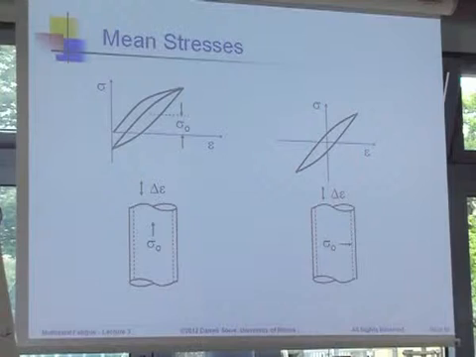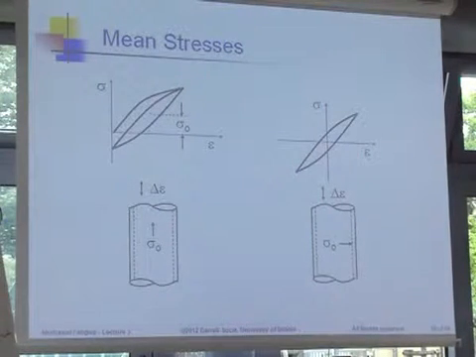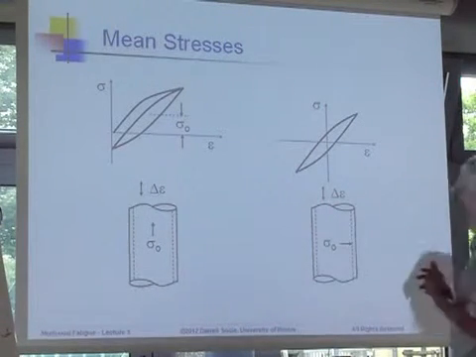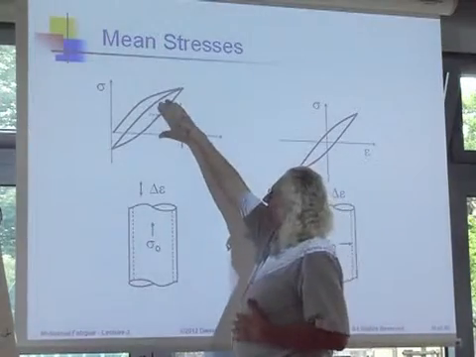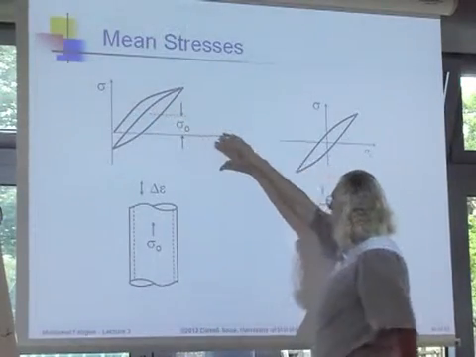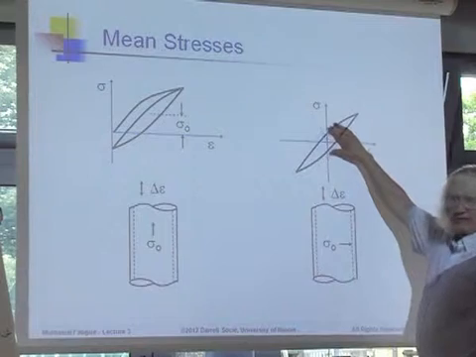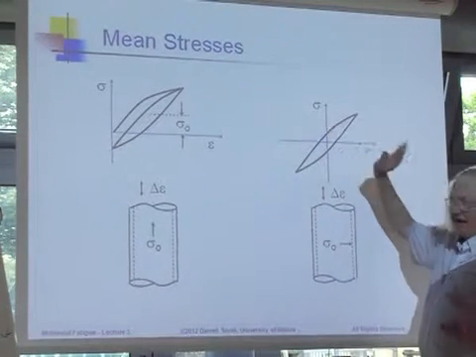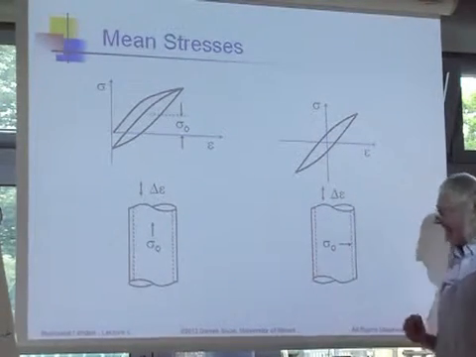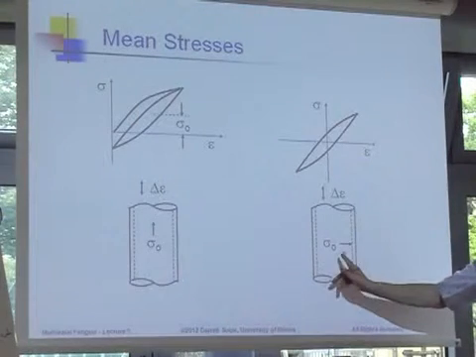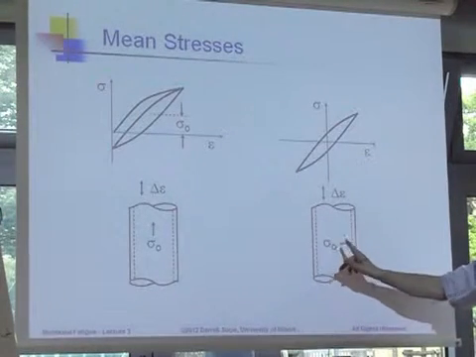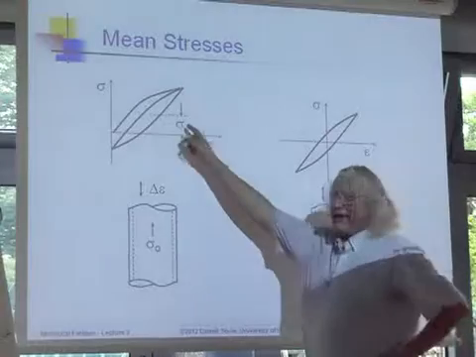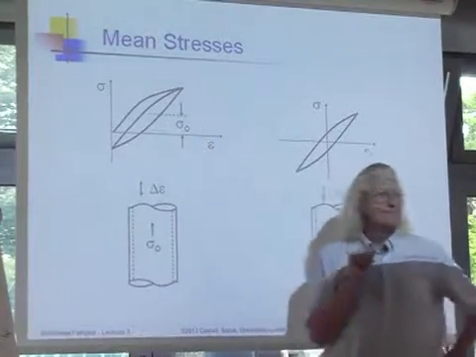What would happen if I did a little bit different test? What would happen if I took this strain range and applied it without a mean stress, but I pressurized the tube on the inside with the same mean stress that I had here?